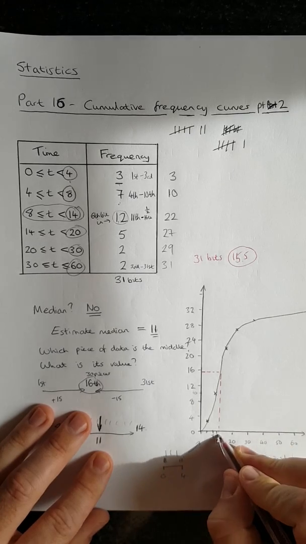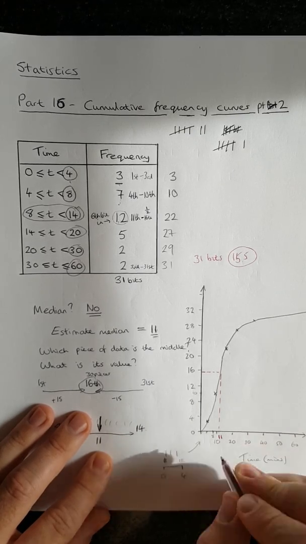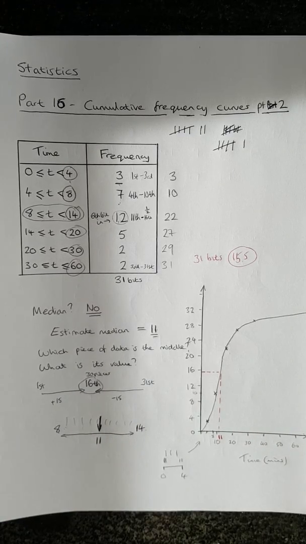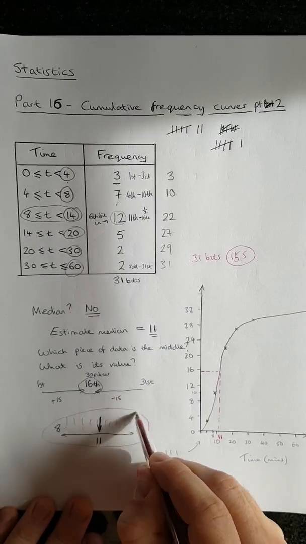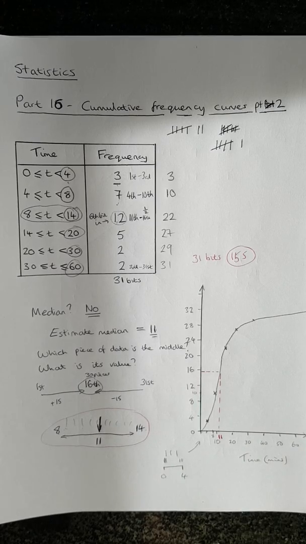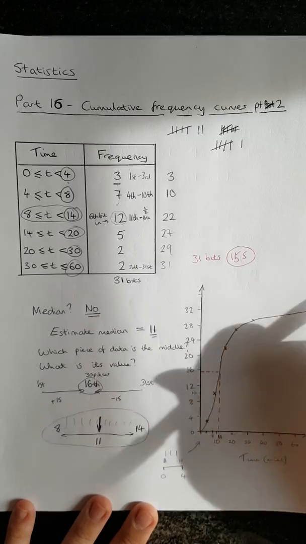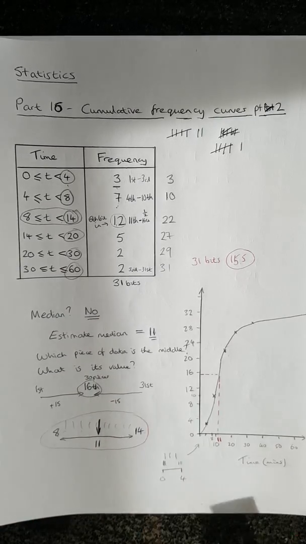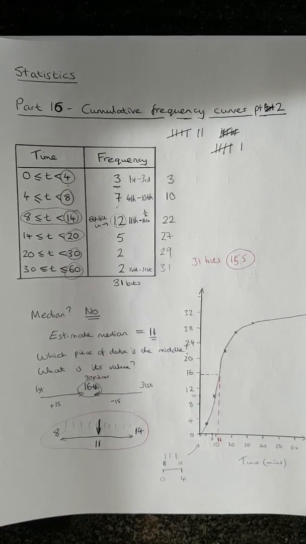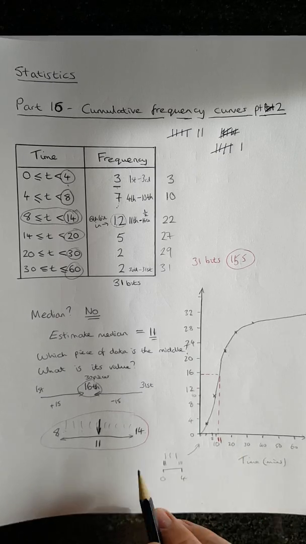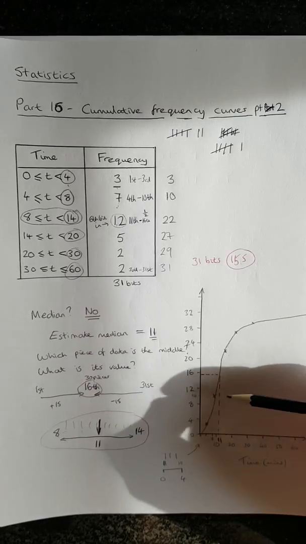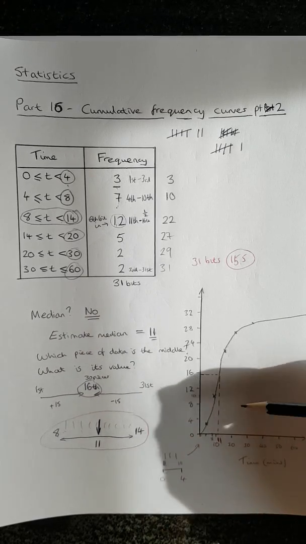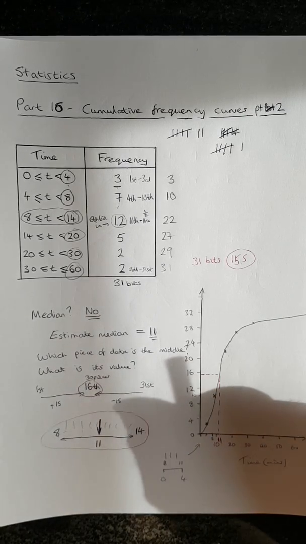And you'll see it comes out about 11. So here, in the previous part, we assumed it was all equally spread out. Now that may be the case. And in fact, our line, because it's nice and straight between here and here, does suggest that. That's why we got the same value in both methods. So this curve is a way of us estimating what's going on.